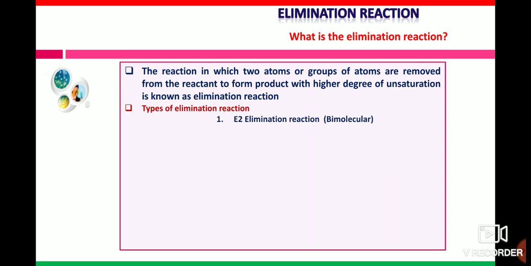In most of the elimination reactions, the two atoms which are eliminated or removed from the substrate are present at 1-2 position, or they are present on adjacent carbons to each other. This type of elimination is generally known as 1-2 elimination.